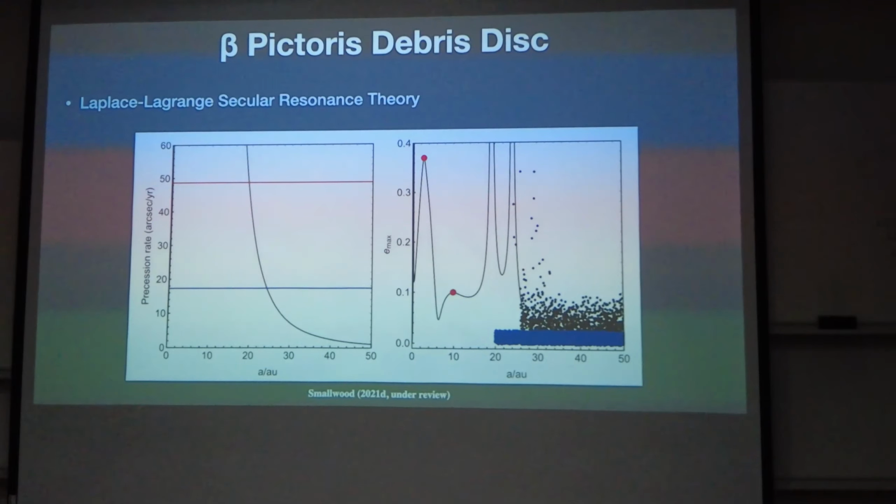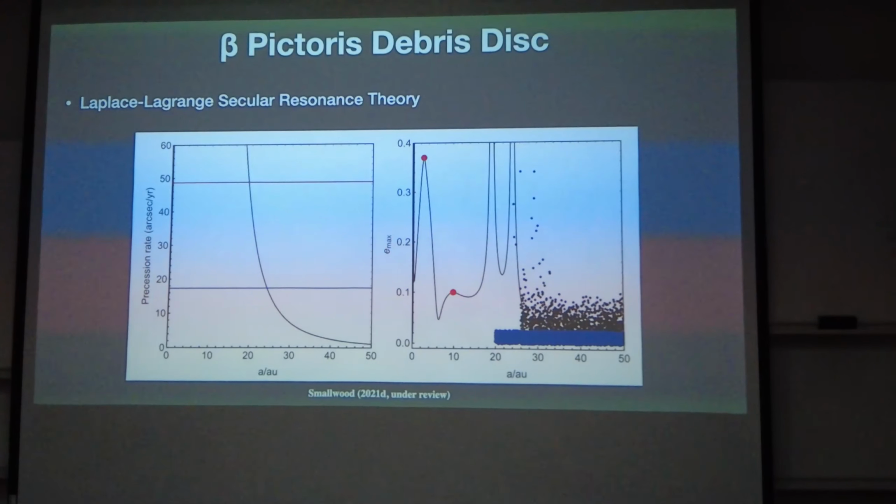What we see on the left panel is that the horizontal lines are the eigenfrequencies of the two planets, and the black line is the precession frequency of a particle. Where the precession frequency of the particle crosses the eigenfrequency of the planet, that's the location of a secular resonance. And again, a secular resonance is just when these two precession frequencies are identical.